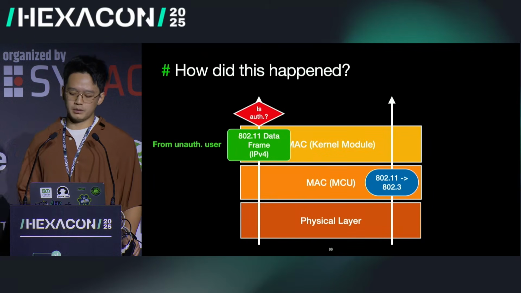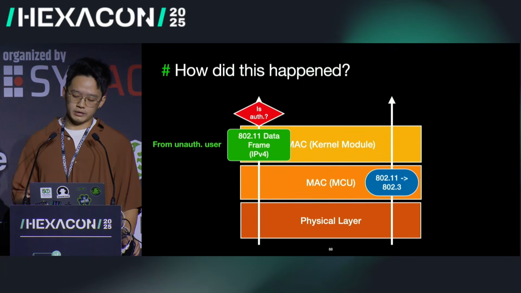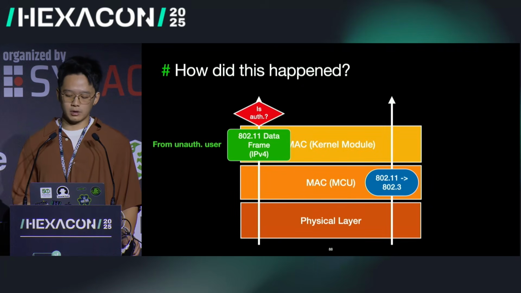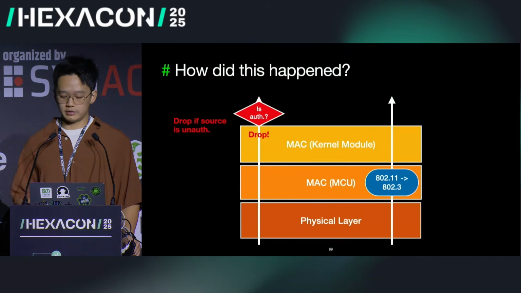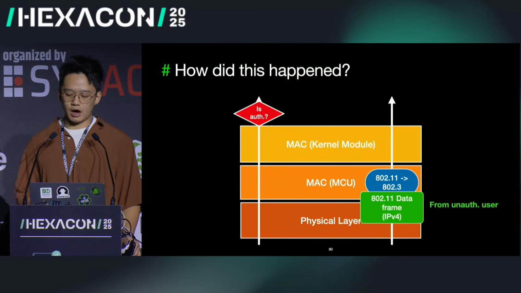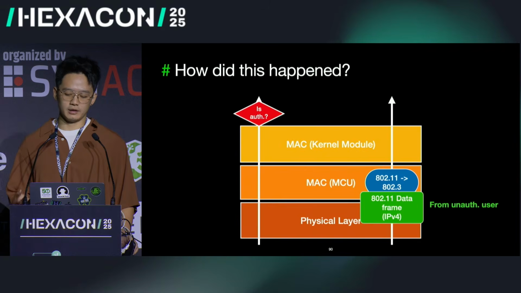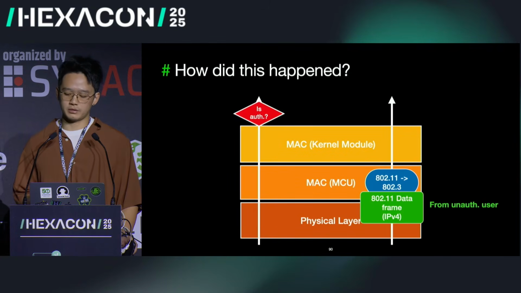In MediaTek's implementation, the MCU forwards any data frame to the kernel module, which then decides whether to send it up to the upper layers. If the source is not authenticated, the kernel module will drop the frame. However, MediaTek also implements an accelerated method for parsing and forwarding frames.